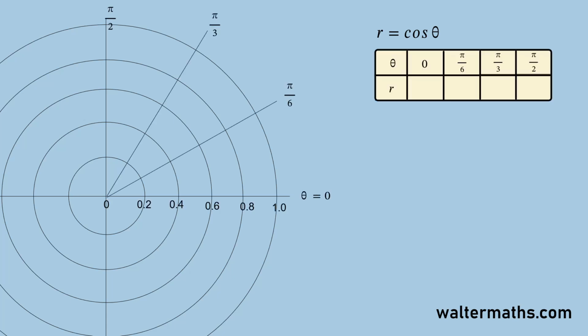When theta is 0, r will be 1. When theta is a sixth pi, r is 0.87. When theta is a third pi, r will be 0.5. And when theta is a half pi, r will be 0. So these are the points, and we can therefore plot them on this graph to get a curve like this one.